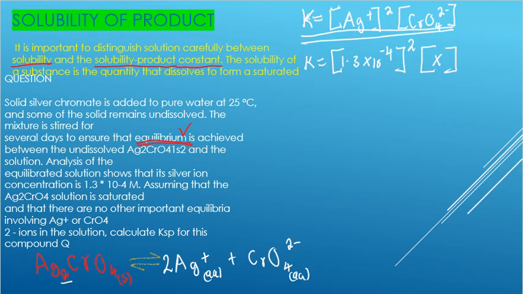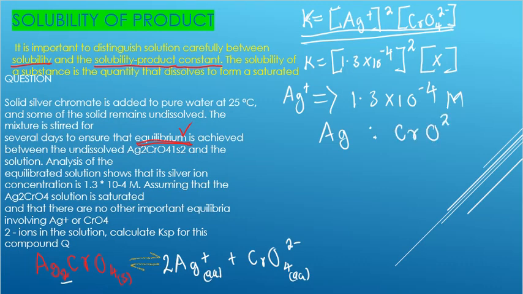When you look at the equation, since the concentration of this particular ion has been given to be 1.3 multiplied by 10 to the power negative 4 molar, you're going to use ratios. You compare it with chromate, since they are the main ions produced. Silver has got 2 moles.